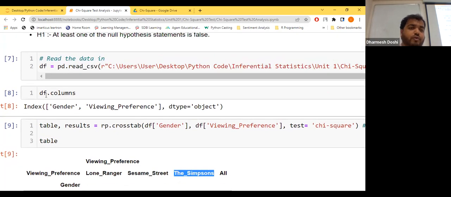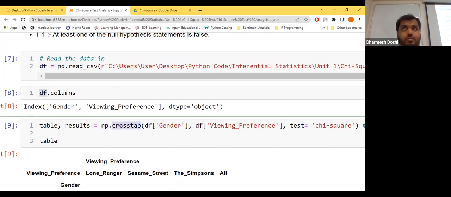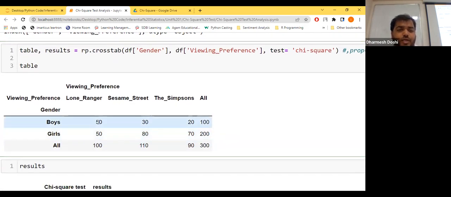First import data; we have gender and viewing preference. Then crosstab, gender and viewing preference, test chi-square. It remains the same, guys. Code never changes. You can compare data, guys.